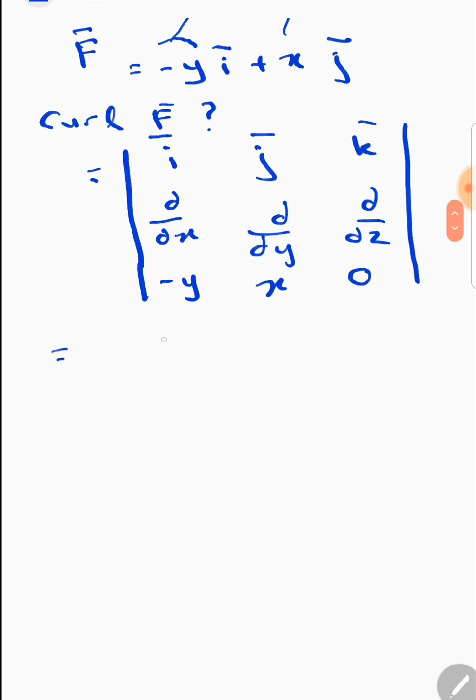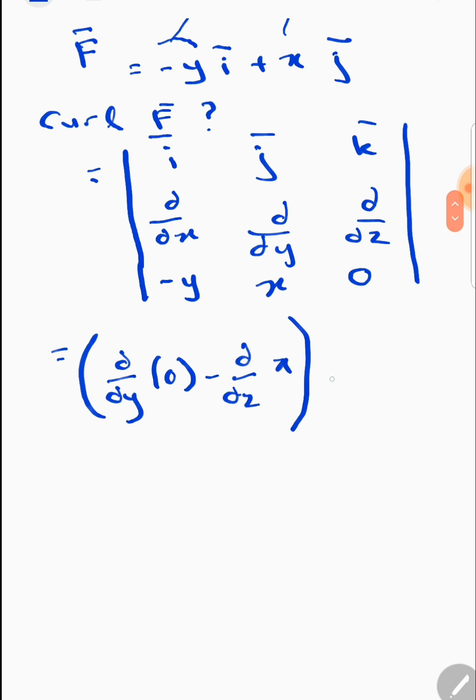Okay, so for the cross product, we'll start with the i. I'm going to imagine that you're covering the row and column in which your i resides. So that leaves us with this one. So it will basically be d over dy of 0 minus d over dz of x, i, right? And then minus d over dx of, now I'm looking at it in terms of j.